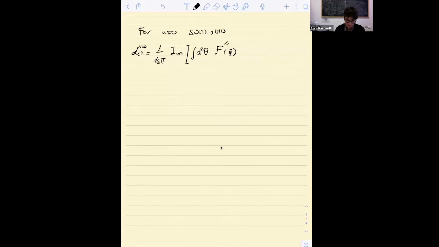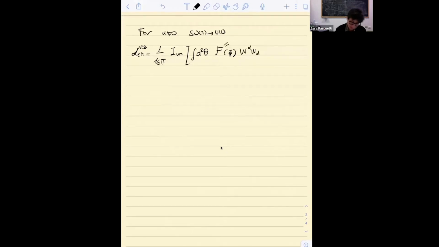Now I'm using this double prime index to indicate the second derivative because I don't have many color indices. I'm just differentiating with respect to phi, which is the chiral field. So the second derivative of the prepotential is going to play the role of the generalized coupling. And it is also basically giving the metric on the Kähler manifold. It's the Kähler metric, which is the metric on the target space of this nonlinear sigma model.